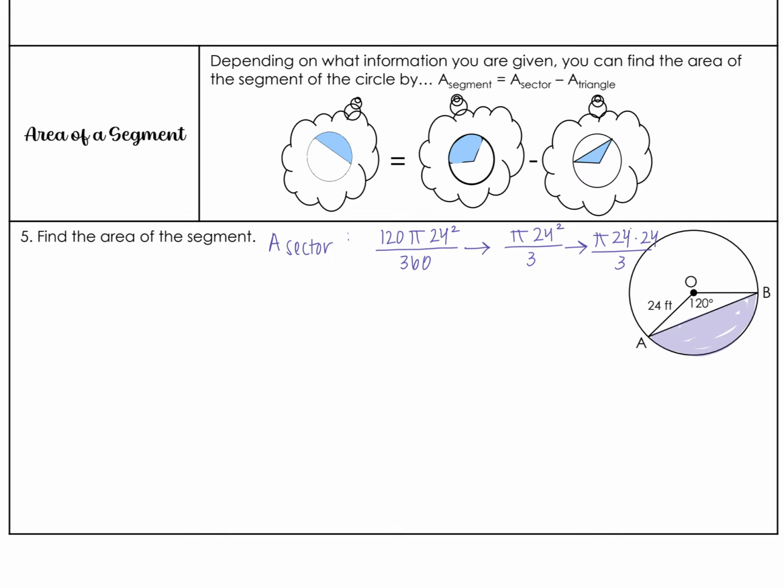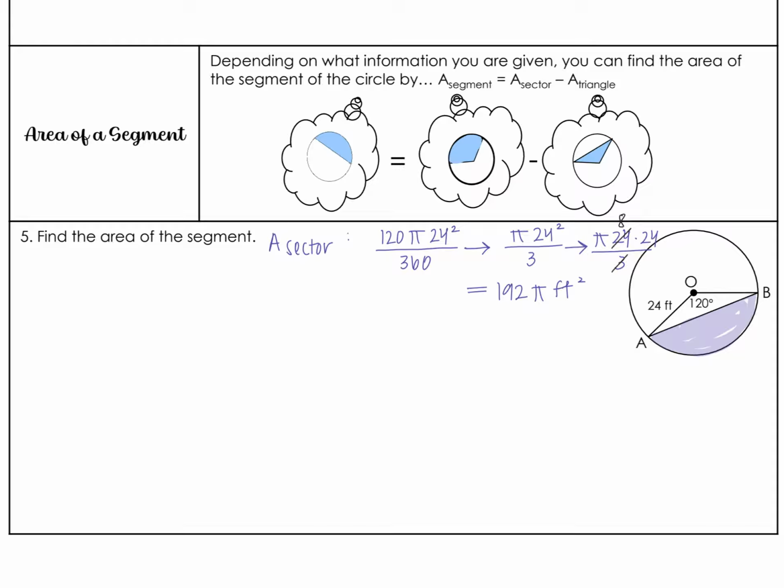So here that 24 and that 3, 24 divided by 3 will leave me with 8. And so I'm left with that 8 times 24, which will give me 192 pi, and then we'll have our feet squared. So that's the area of my sector.